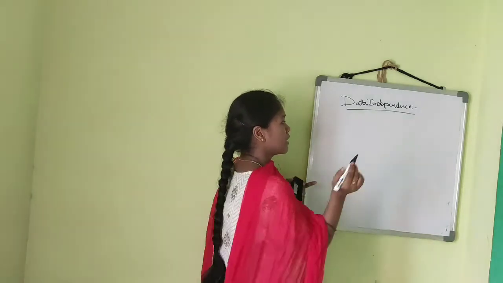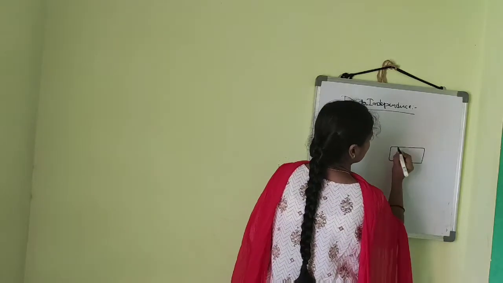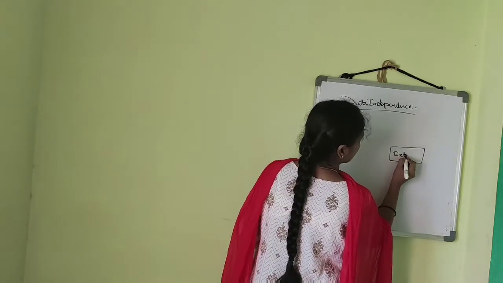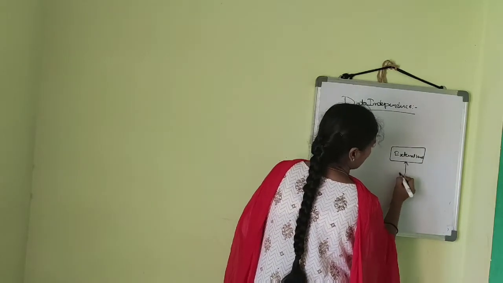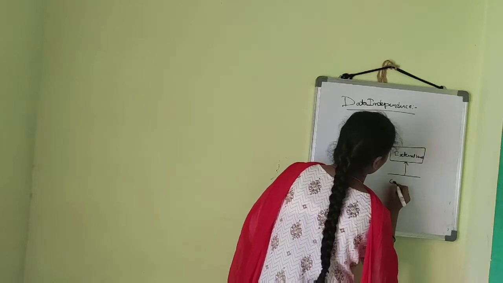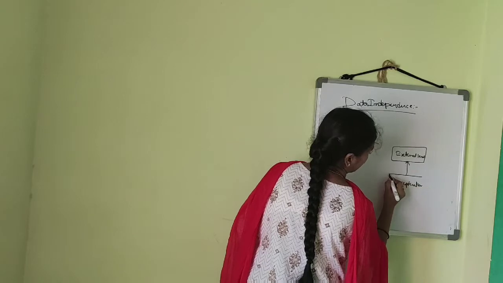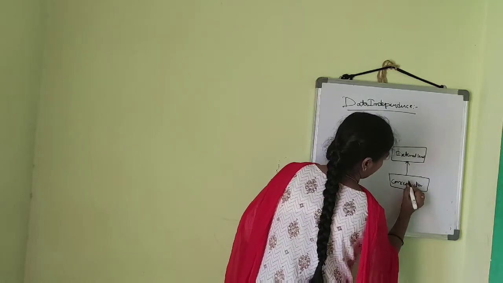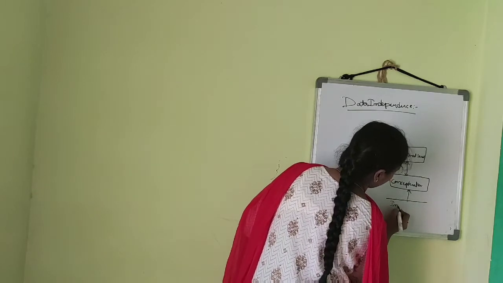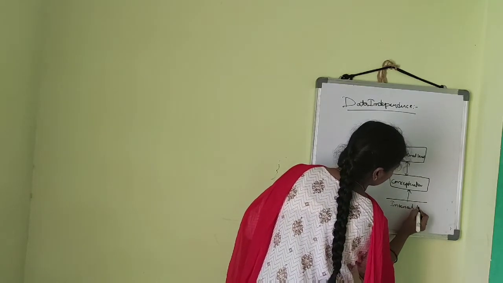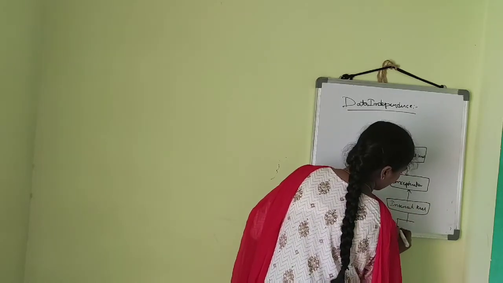For example, in the 3 schema architecture, this is the external level, and this is the conceptual level, and this is the internal level, and this is our database.